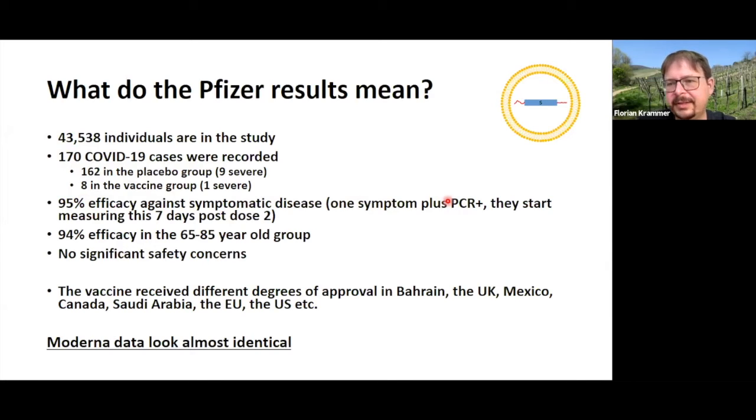So the virus was there and the person was sick. And in the 65 to 85-year-old group, which is important because those are people who are at high risk, the efficacy was 94%, so basically identical. And they didn't see any significant safety concerns. And this vaccine is now widely used. And as I said, many of you probably got that vaccine as well.